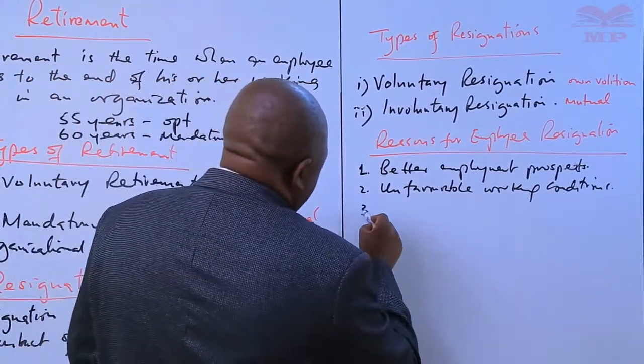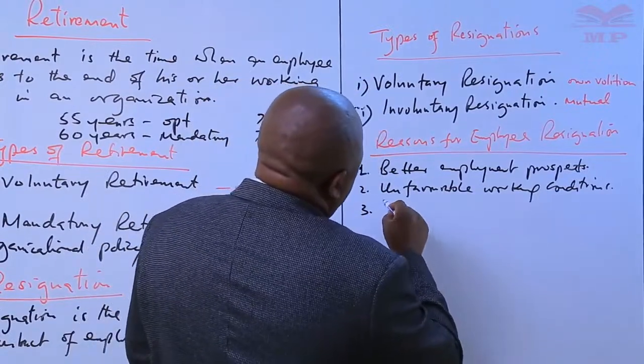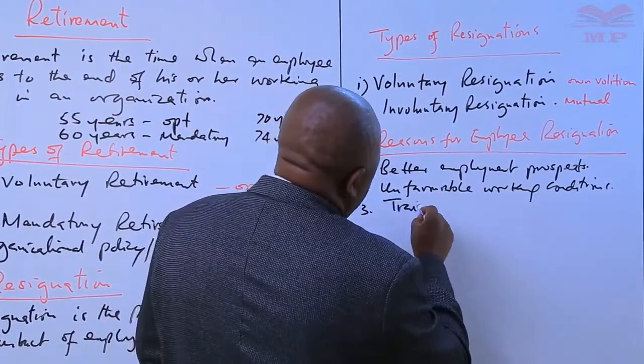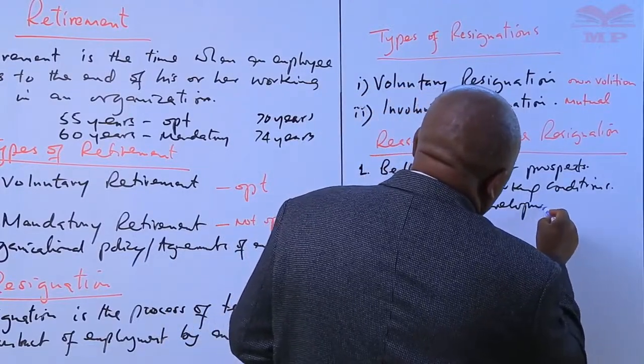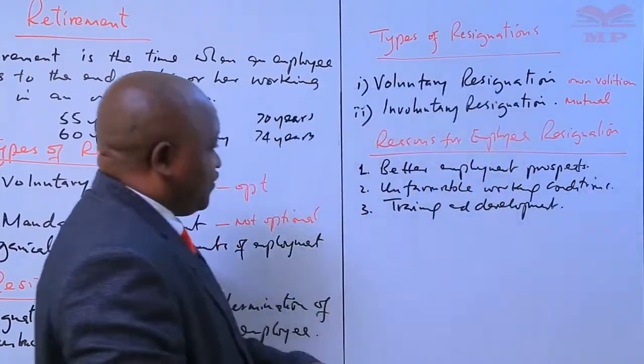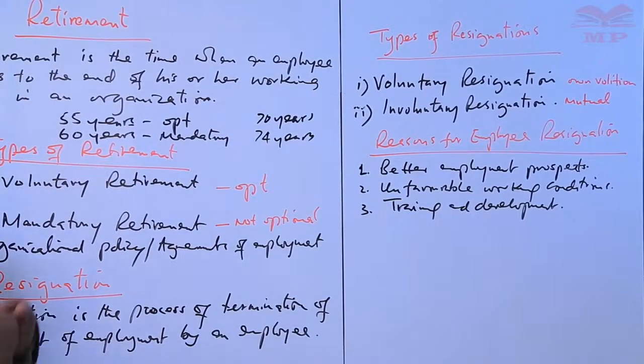Then three, training and development. An employee could resign to go and further their education, or to access a training program that the employer is not interested in, and the employee has no other alternative.